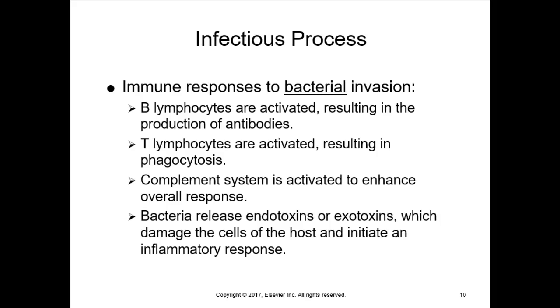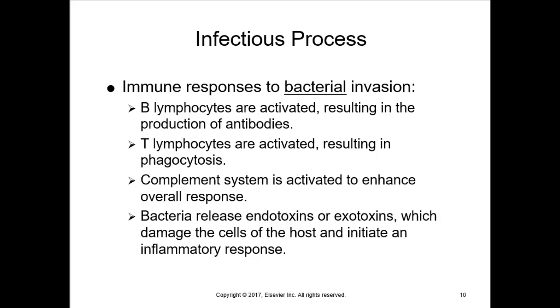One of the things we think about is the bacteria, how it invades, and the immune process. So we look at the lymphocytes, which are our B lymphocytes. They're actually activated, and so they start to produce these antibodies going, whoa, wait a minute, we have a foreigner in here and we've got to take care of ourselves. We've got to protect our home.